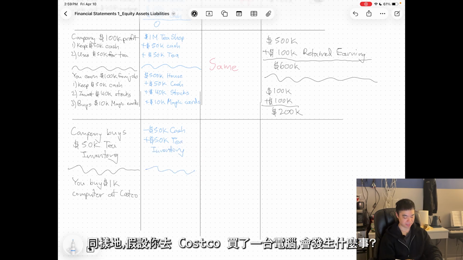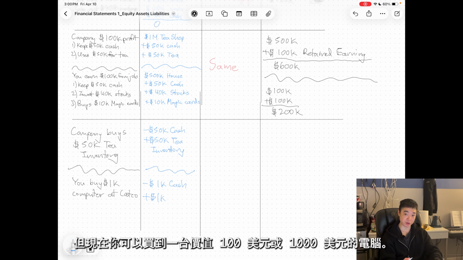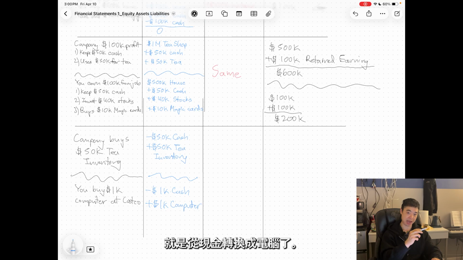And similarly, let's say you go out and buy a computer at Costco. You spent that $1,000 in cash to buy the computer, but now you get a $1,000 computer. So what you have has basically changed from cash converted to the computer.